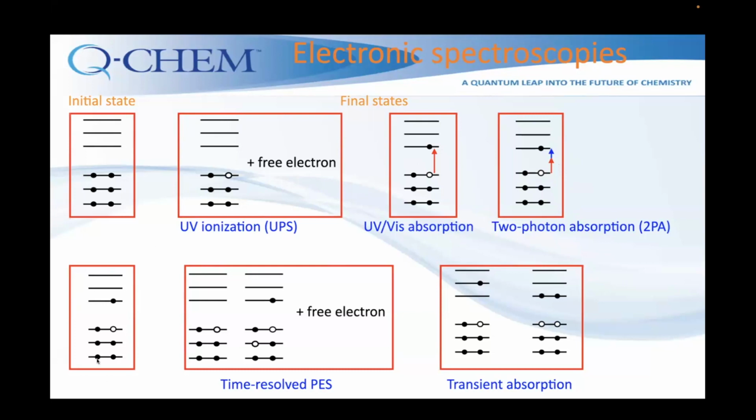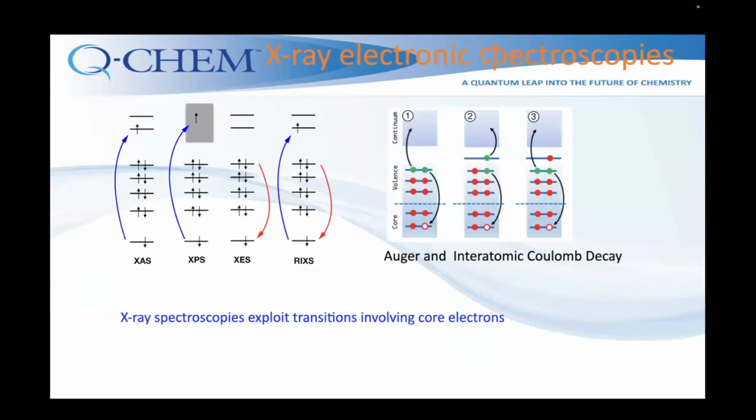In this case, our initial state is an electronically excited state, which is prepared, and then the transient absorption spectrum is obtained by, for example, exciting the molecule further and probing its spectrum, as shown on the far right panel, or by kicking out an electron from the electronically excited molecule, and in this way getting information about this electronically excited molecule and its dynamics. If you go to the X-ray domain, superficially, it seems like we have similar types of spectroscopies.